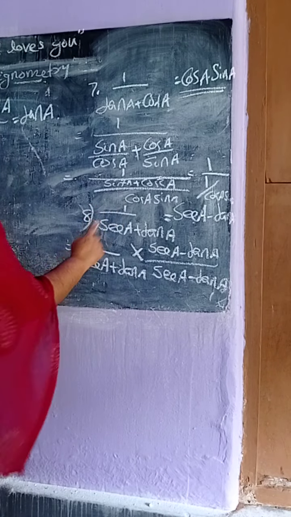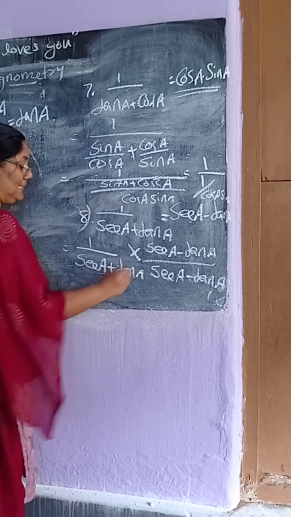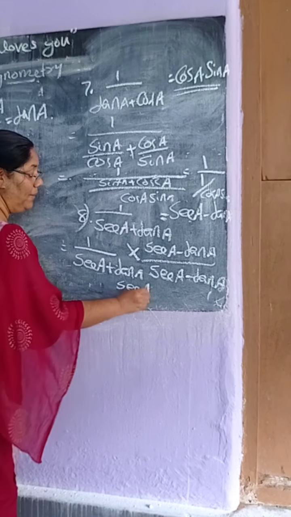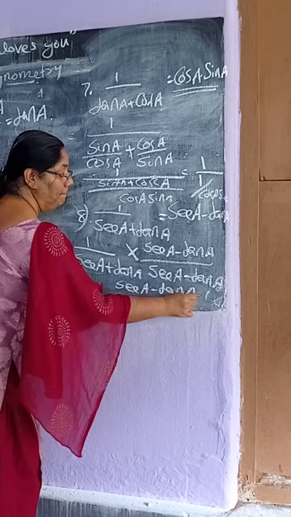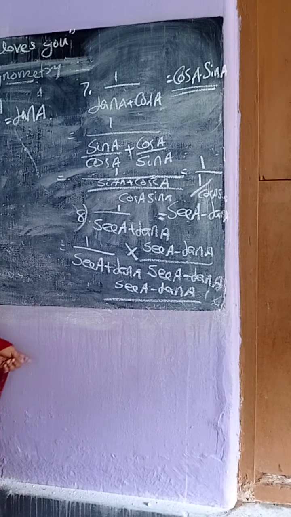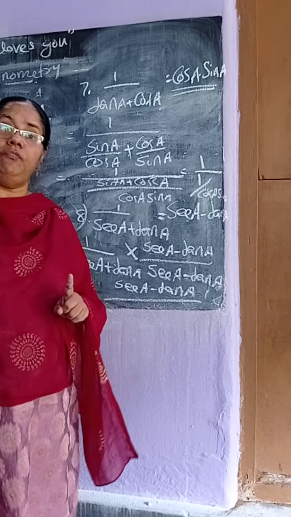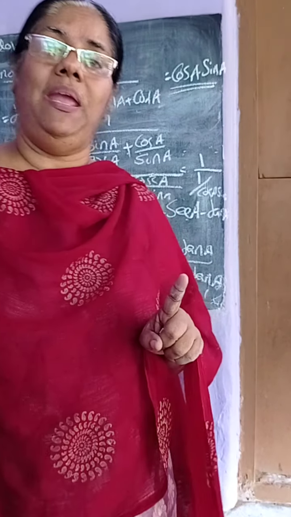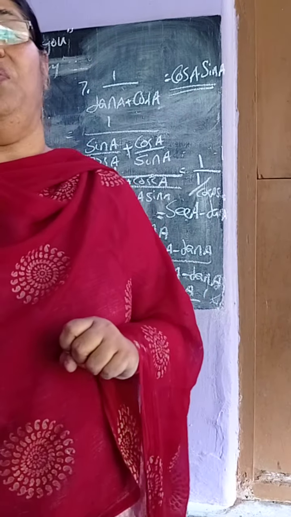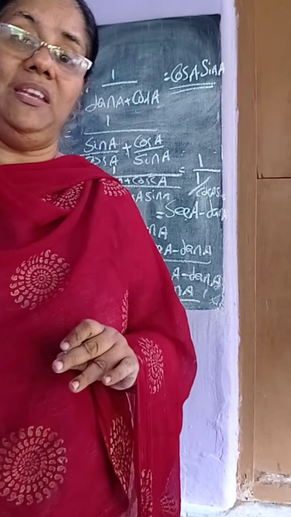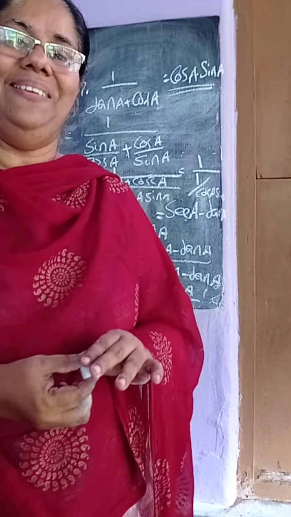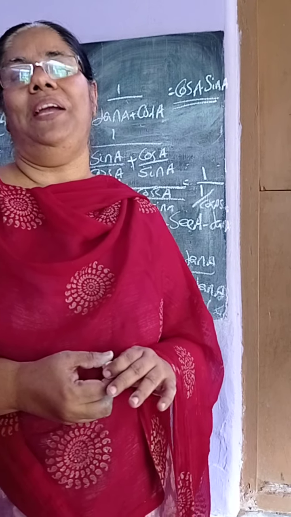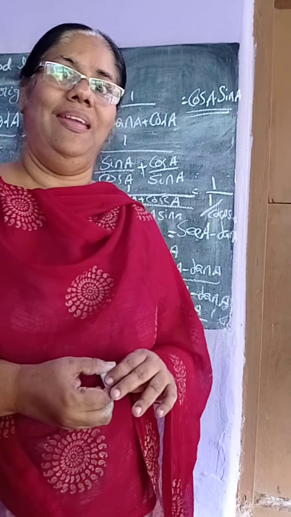Now listen, what is 1 into sec A minus tan A? That is sec A minus tan A by, the denominator is of the form a plus b into a minus b. What is the identity a plus b into a minus b? Say loudly.